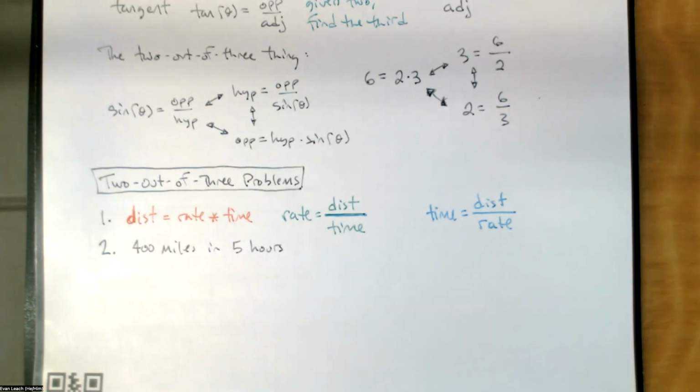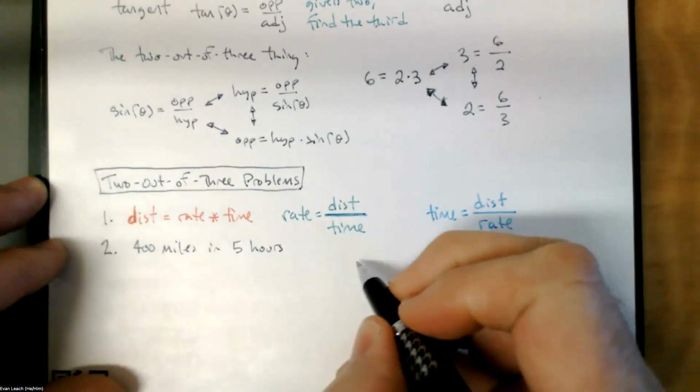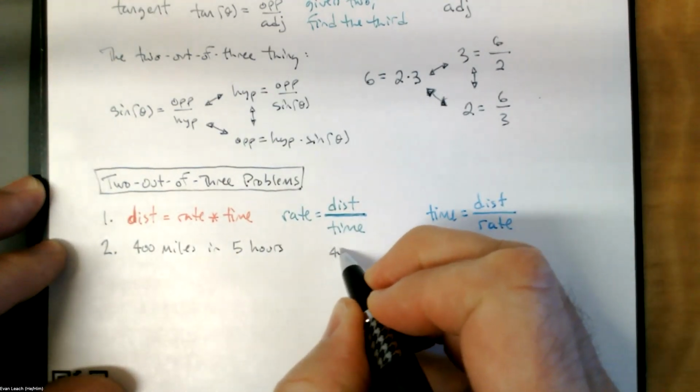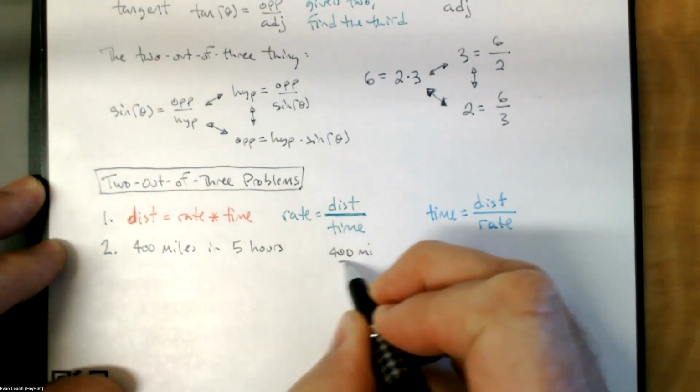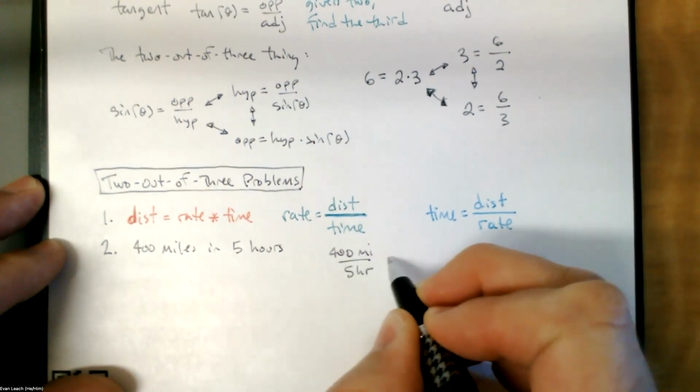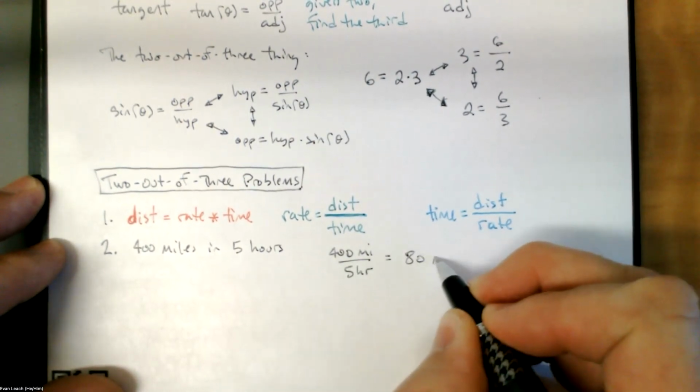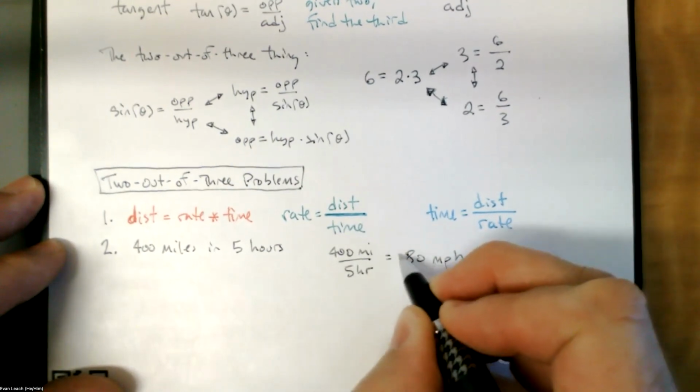The units are telling us what to do as well, because per just means divided by. Miles per hour means miles divided by hour. It's like it's telling us what it wants us to do. So we'll take 400 miles and divide by 5 hours. That's going to be 80 miles per hour.